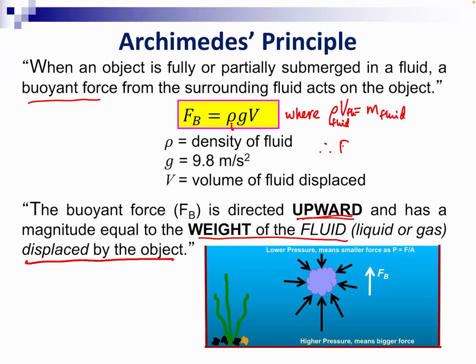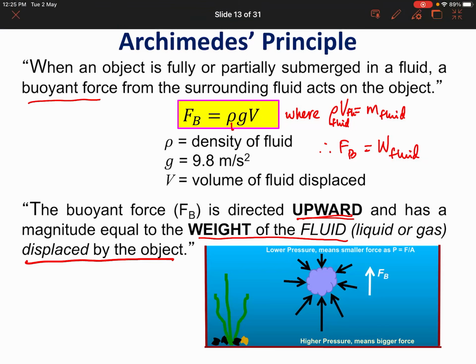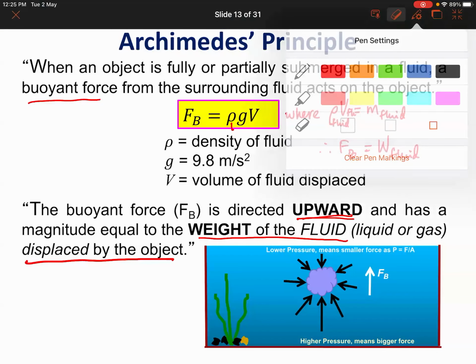Or buoyancy force is, as Archimedes said, the weight of the fluid displaced, because mass times g gives you the weight. So two alternative forms for buoyancy force. You can express buoyancy force in terms of the density and the volume of the fluid displaced, or the weight of the fluid displaced. Oh, sorry, let me just tidy up.